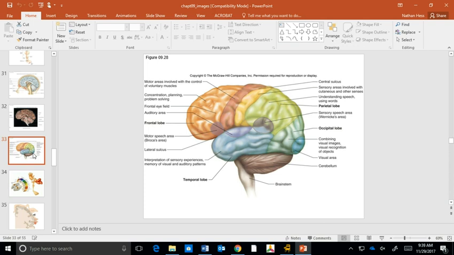Your frontal lobe also does your motor. It's divided from the parietal by that central sulcus. The parietal behind it is doing the sensory pieces, right? Our cutaneous senses, as well as understanding speech and using words, is in that green parietal area.